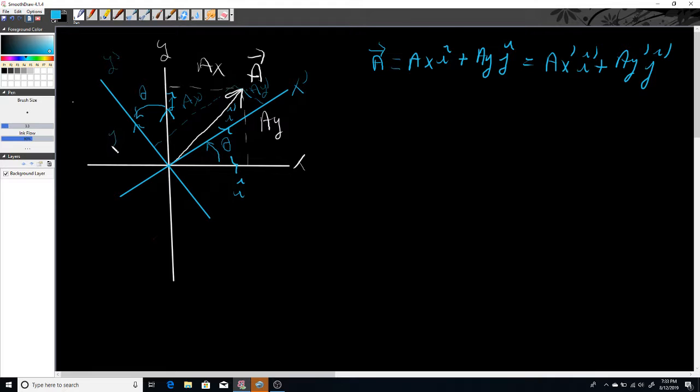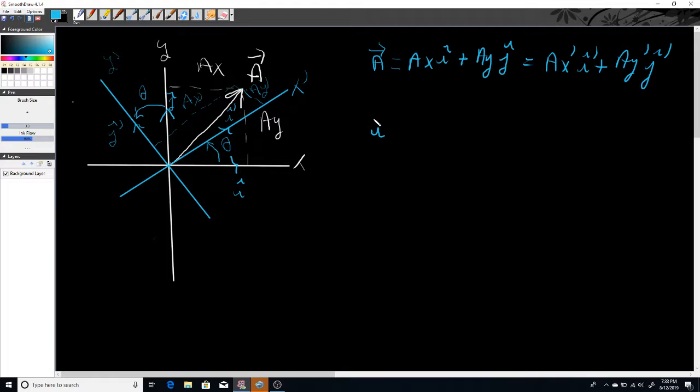So now my job here is to find out, using this information, what a of x prime and a of y prime are. It would be helpful to understand what i prime and j prime are in terms of i and j, because we can find that out quite easily.